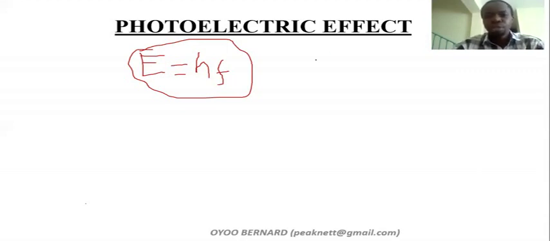And the photon is discrete. Now, I will use the analogy of a matchbox and the matchsticks. So the packet is just like the packet of the matchbox. That is what is called a quantum. So when it is one or singular, we call it a quantum.